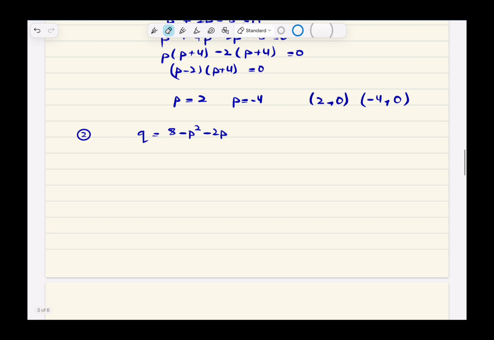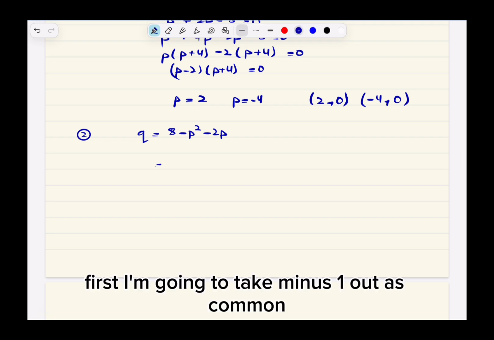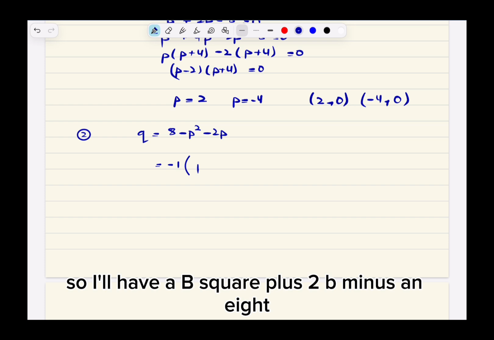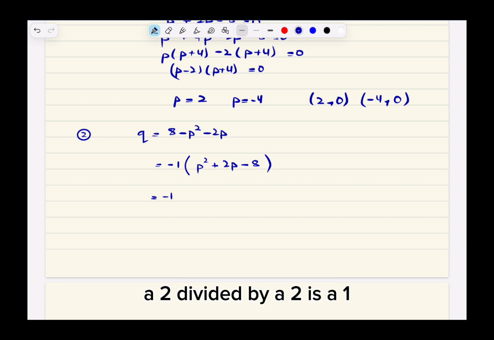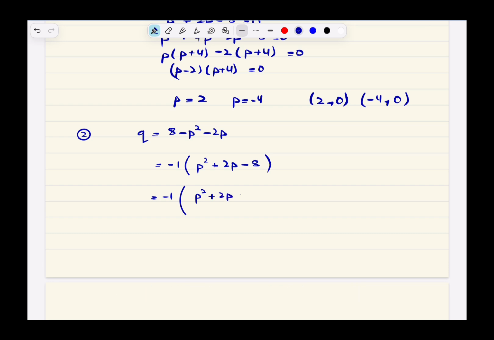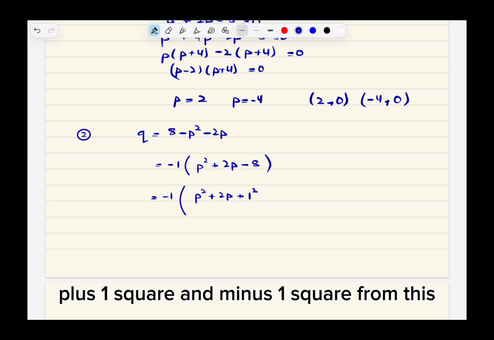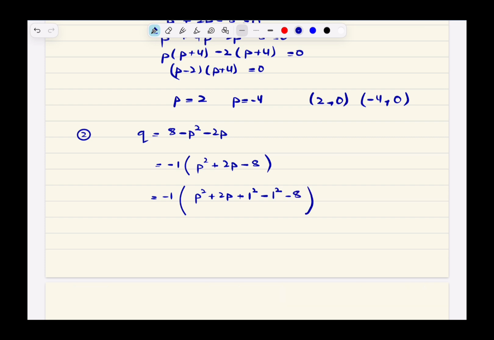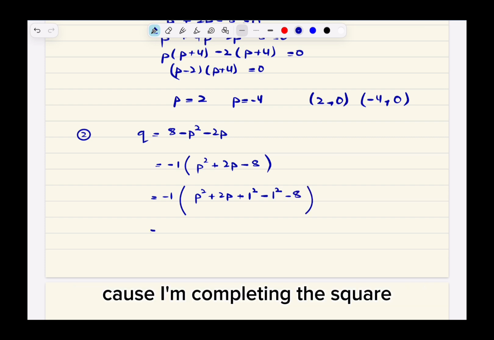First I'm going to take minus 1 out as common, so I'll have p square plus 2p minus 8. 2 divided by 2 is 1, so I need to add 1 square and subtract 1 square, because I'm completing the square.